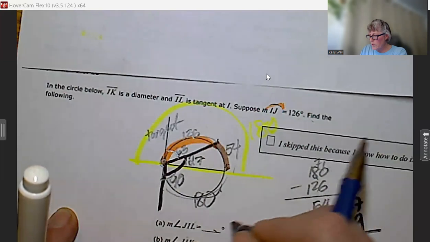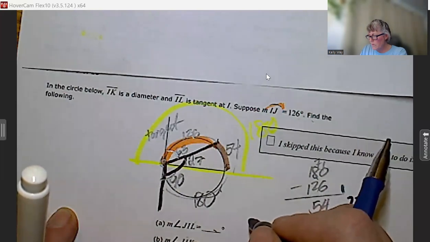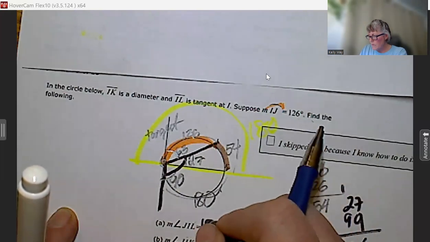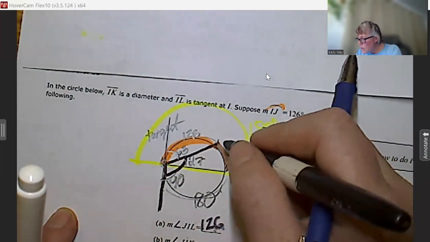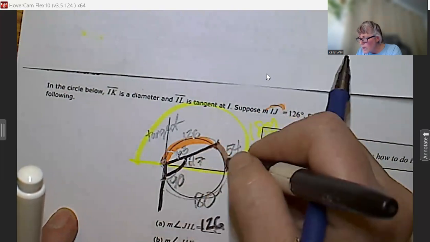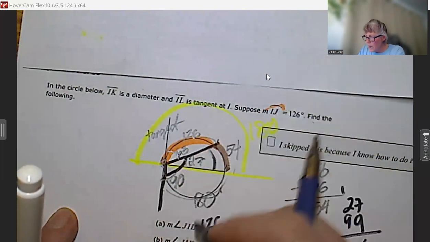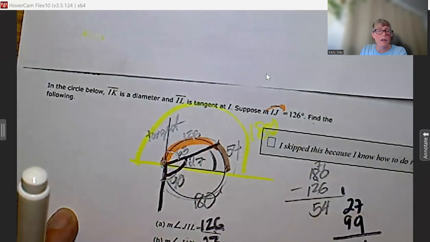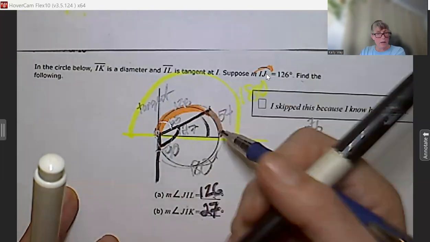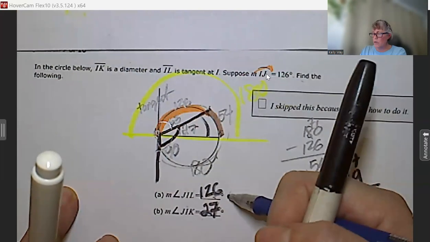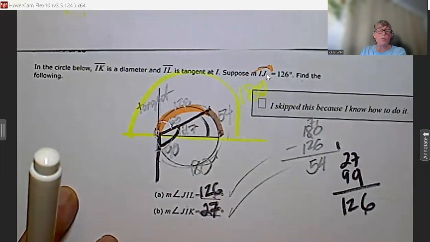We get 126. And then J-I-K, there's J, there's I, there's K right here. We already have that. It is 27. So get in the habit of finding everything, and then you can just pick off what it wants you to find.